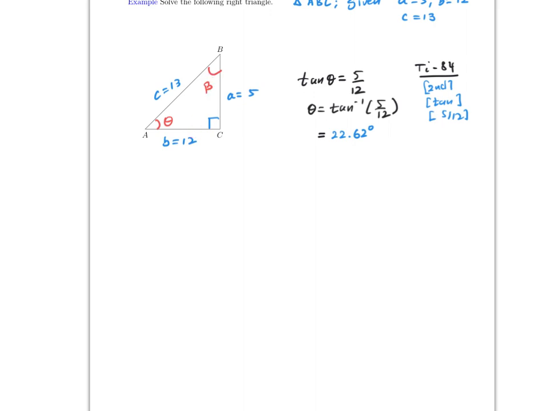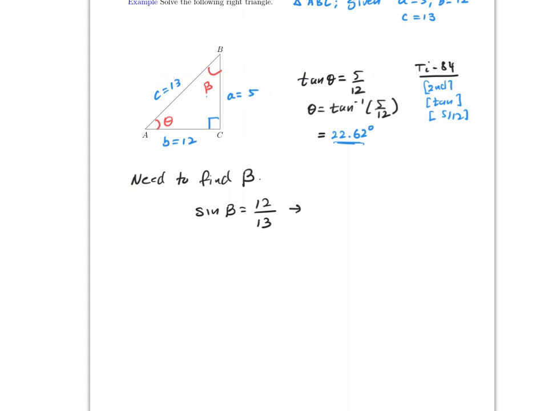Now to find the other angle, you can use the same method for beta, or you can use the fact that this angle plus this one has to add to 90. But let's do it both ways to check that the answer is the same. So let's say you need to find now beta. Okay, so let's use now, I don't know, sine. So notice the sine of beta will be 12 over 13. Why? Because the opposite of beta is 12 and the hypotenuse is 13.